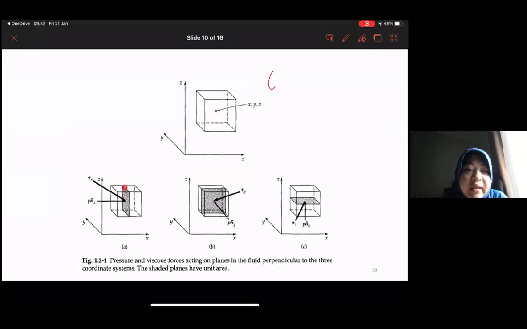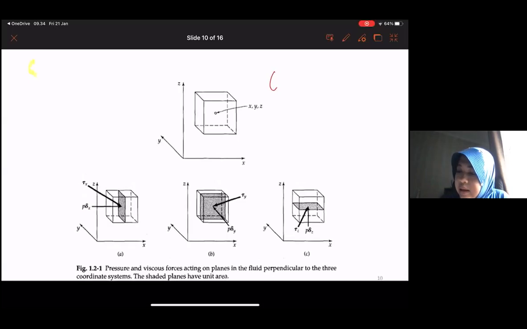For example, if we look at this area, remember for pressure we always have to think about the area. Here, the area which is perpendicular to the x-axis, there would be a pressure there. The pressure we call P, multiplied with the Kronecker delta.